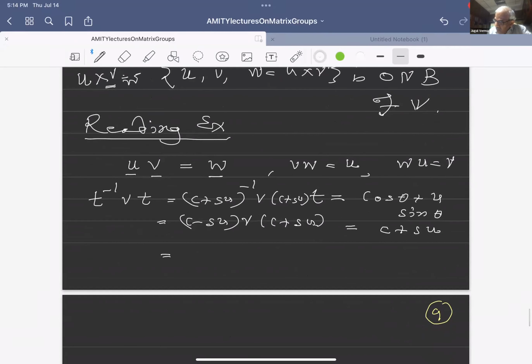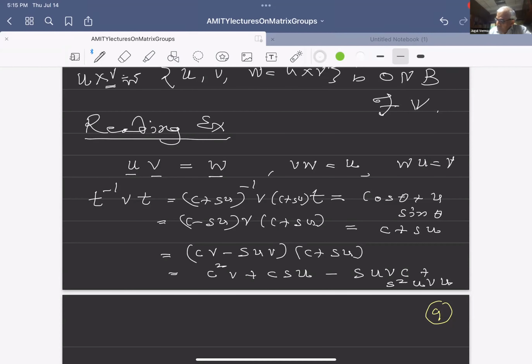This is equal to CV minus SUV, times C plus SU, and this is equal to C square V plus CSVU minus SUVC plus S square UVU.